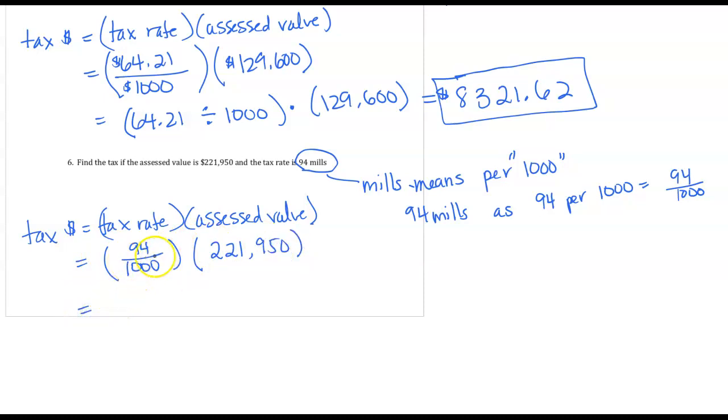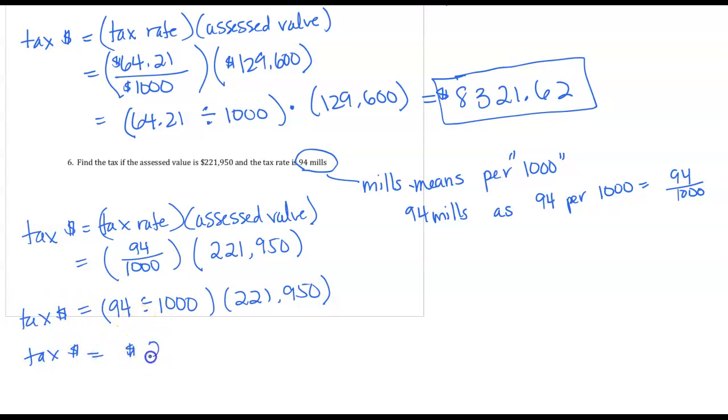Don't forget that we're going to change that fraction bar into division. So 94 divided by 1,000. And then after we get that amount, multiply by $221,950. Putting that together, we get a tax amount of $20,863.30.